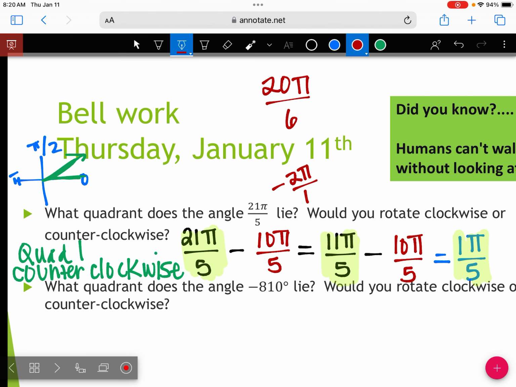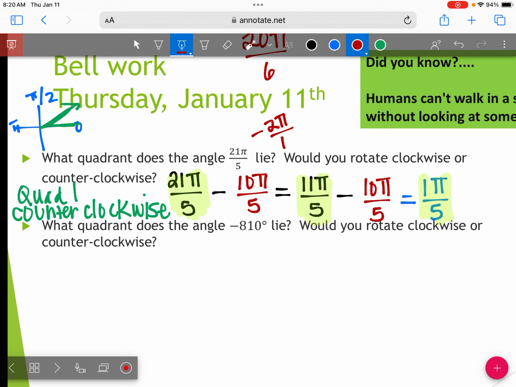Okay, so let's look at our one that's in degrees. So we definitely know that negative 810 is greater than negative 3, or it's actually less than because it's negative, but it doesn't fall between 0 and negative 360. So we're going to add 360 degrees, and I can tell that I need to add it twice, so I'm actually just going to add 720.